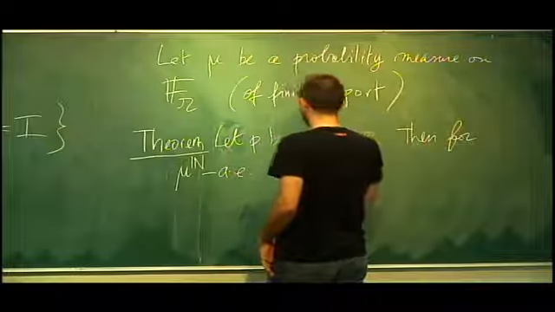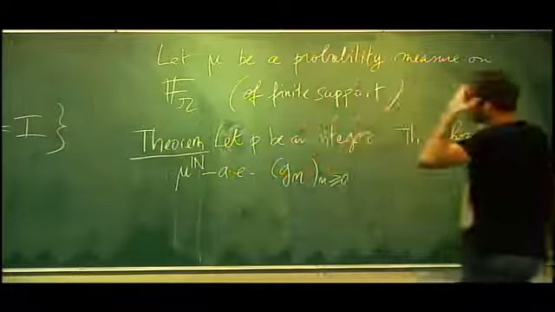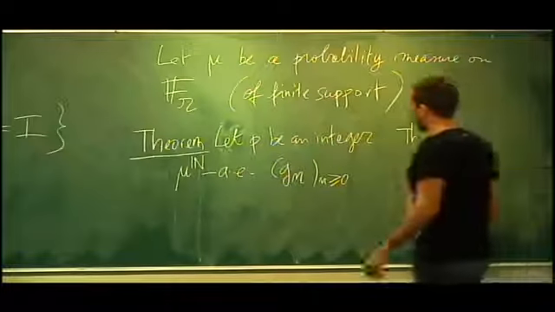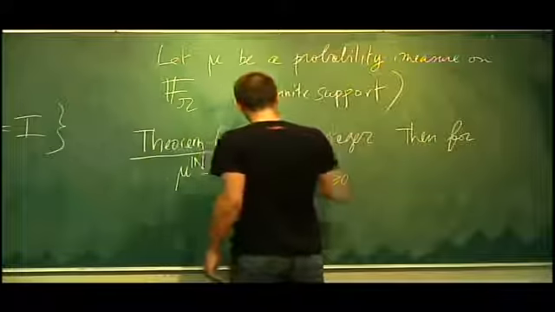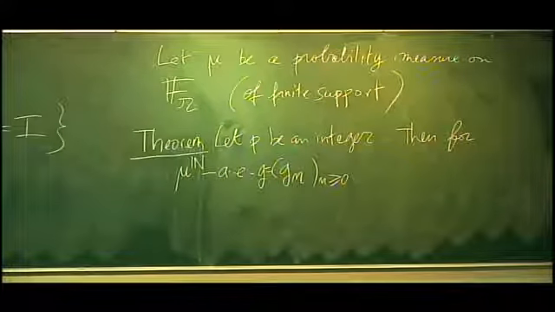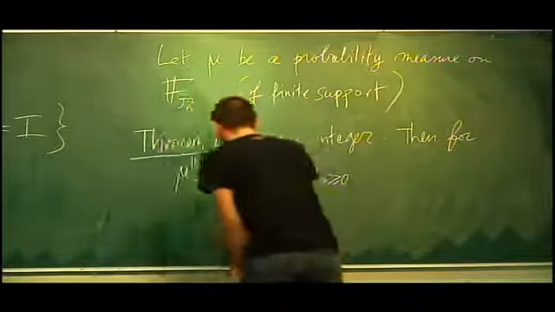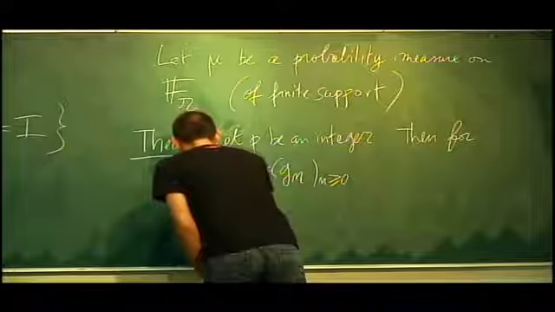Every sequence. So you take a sequence, and generally we will denote this by g. So you take a random sequence of elements, and then the claim is the following.